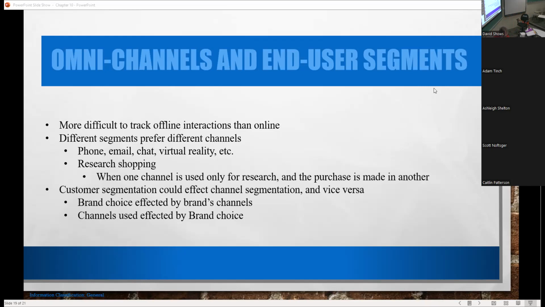Now, realize that customer segmentation can affect channel segmentation. So what does this mean? You have two things that affect how consumers buy. One of them is brand choice, and the other is brand channel.